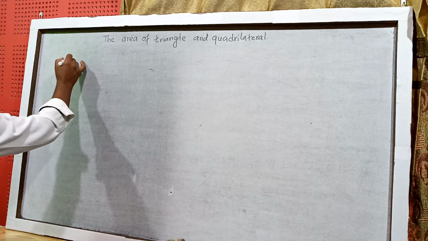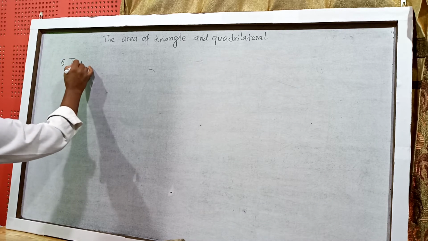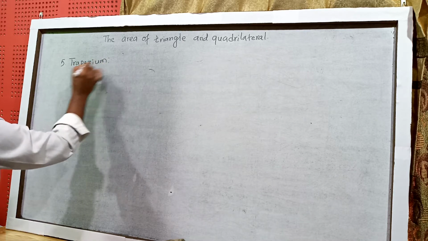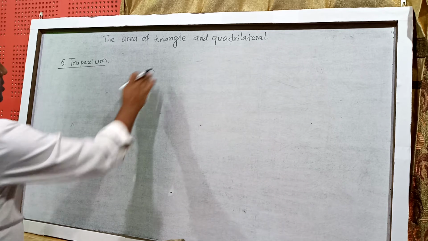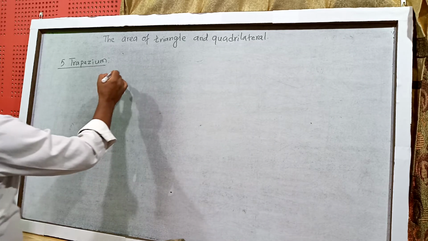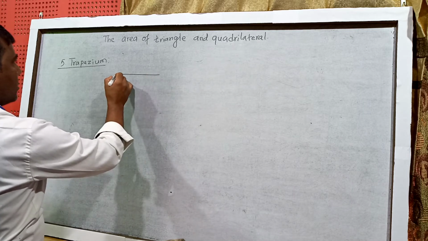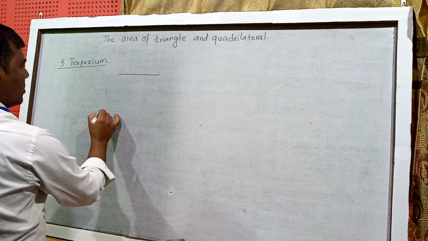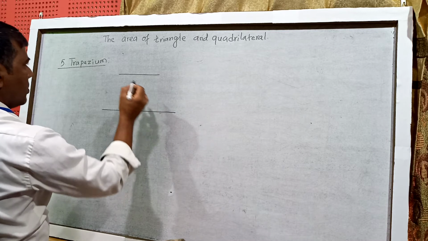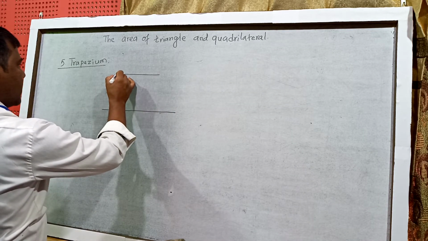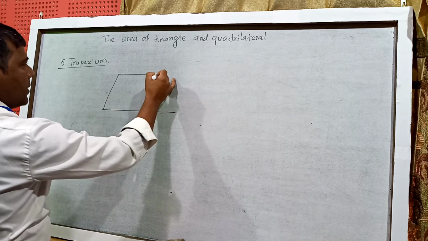Now next, number 5, trapezium. Trapezium is a quadrilateral in which one pair of opposite sides are parallel.